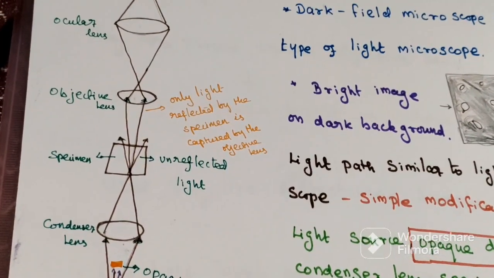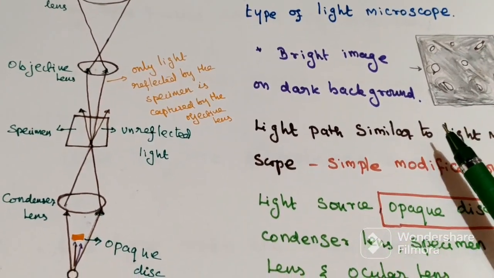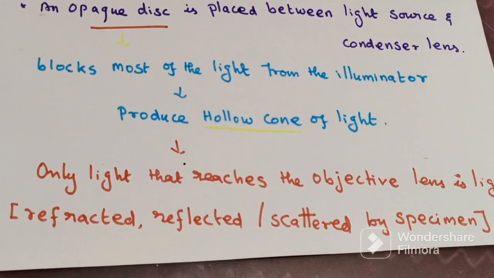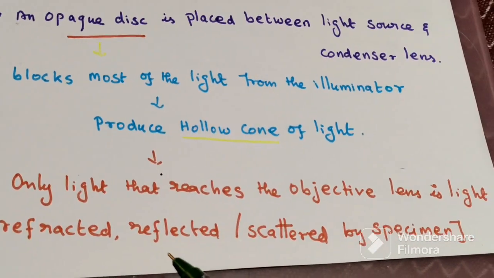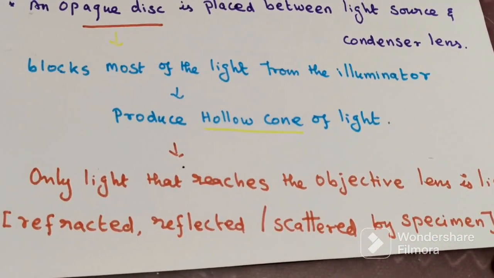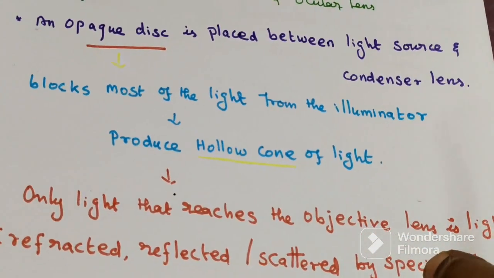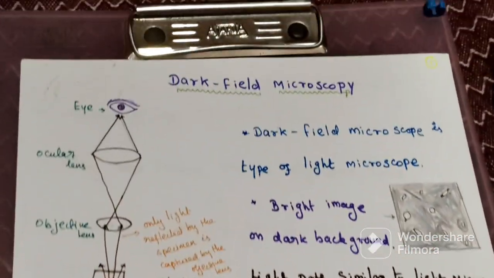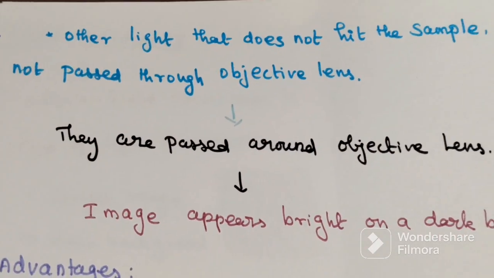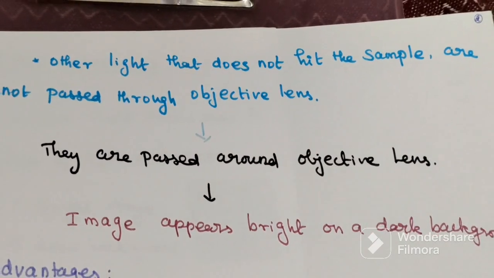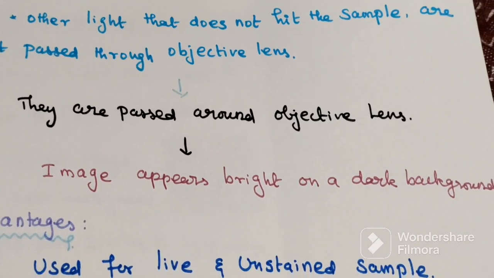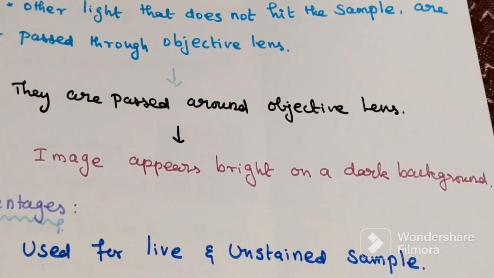As a result, the image appears bright on a dark background. So only refracted, reflected and scattered light is passing.